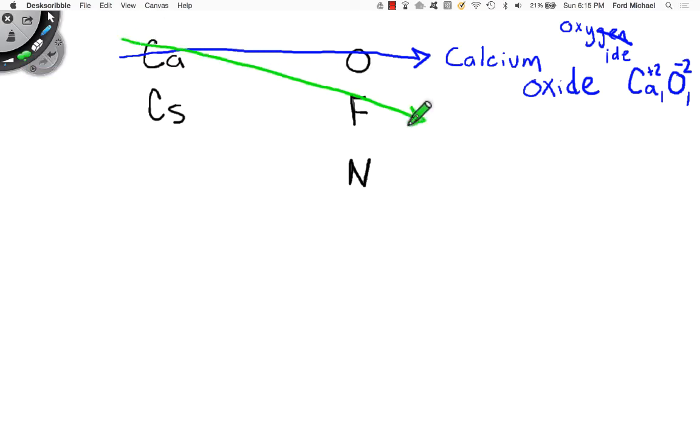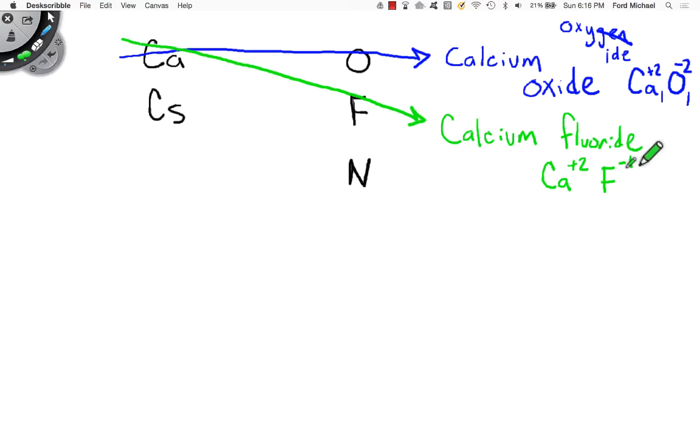Let's do this one, calcium and fluorine. So again, we write the name of the metal. We take fluorine, the neutral element, to fluoride. Okay, now let's write the formula for this. Calcium plus 2, fluorine in this case is minus 1.